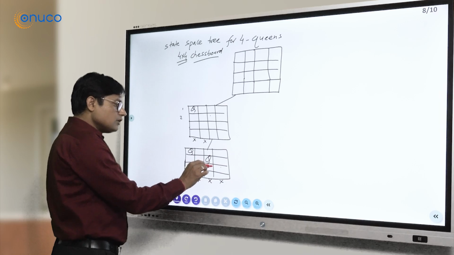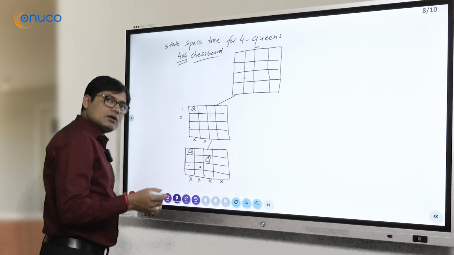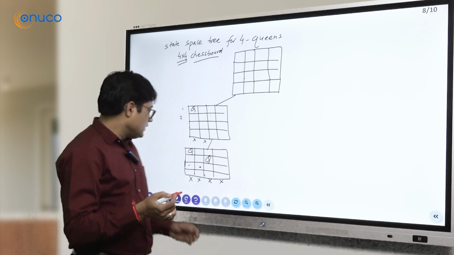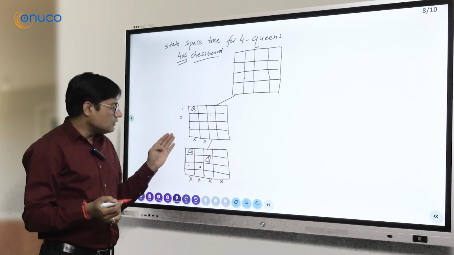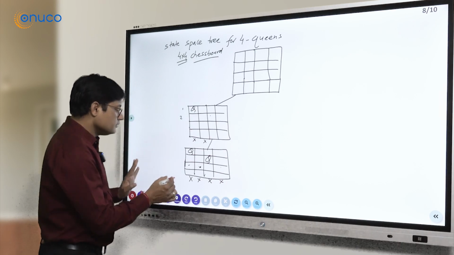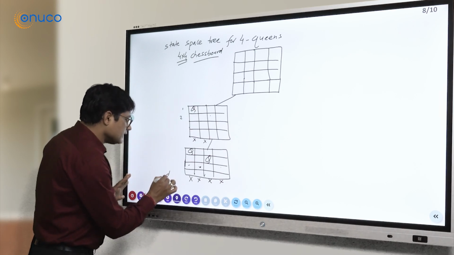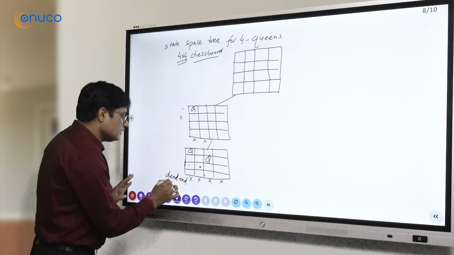Because in the third row we are not able to place any queens, hence we have a shortage of space, even though you are going to place the 4th queen in the 4th row, right? But out of 4 queens, we are able to place only 3 queens, hence we are not going to get any solutions. So this kind of scenario, we can stop and say it is a dead end, and we are going to say that there are no solutions, right?